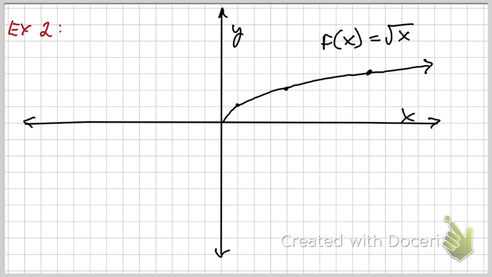That's the domain. If I want to reflect that across the x-axis, what do I want to change? The x values or the y values? Right, the y's. So I'm just going to stick a negative out in front of that square root of x, and it looks like this. It's saying for those same x values, just make the y's the opposite of what they were going to be.